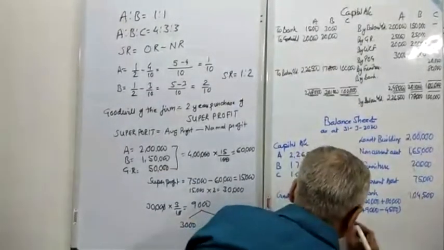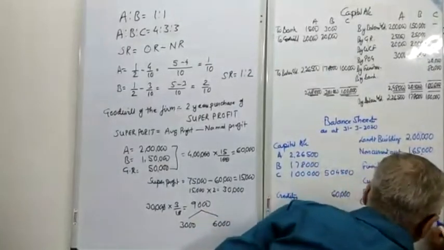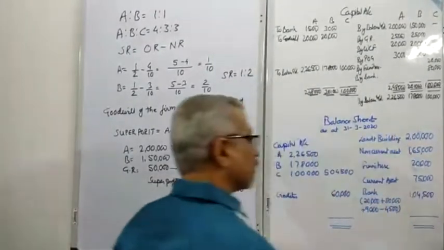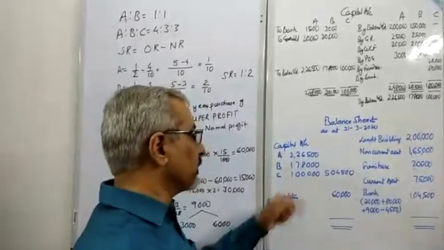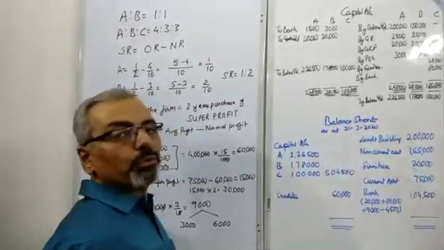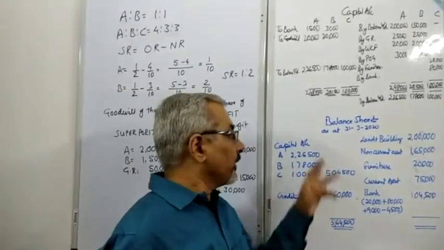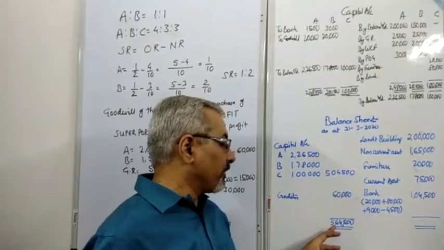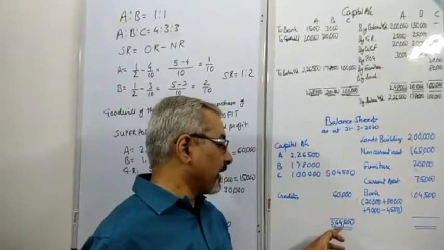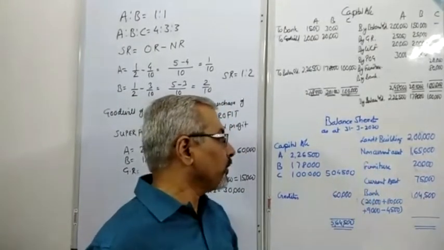Now we know that at a given date, the balance sheet, asset and liability side should tally, and let us see what is the total of the liability side, then we'll go to the total of the asset side. So after adding the liability side, we have got a figure of 5,64,500. Let's see the value at the asset side.